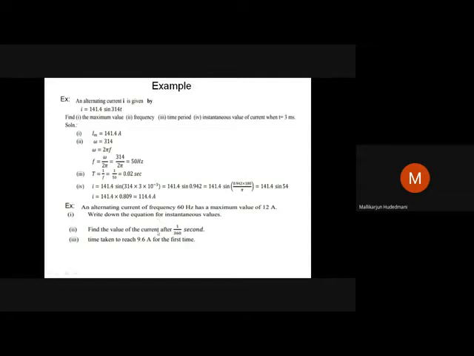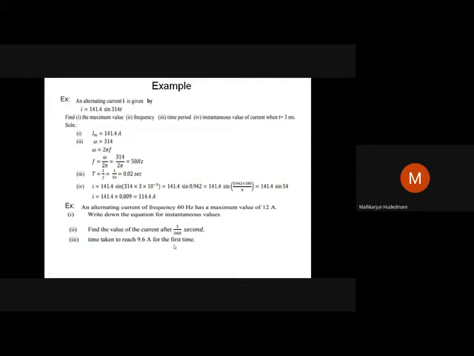Hope the first and second sub requirements are clear to you because they are like a previous problem. Look to the third requirement. Find out the time taken to reach 9.6 ampere for the first time. What is the meaning of this? The meaning of this is I should know a typical wave first.